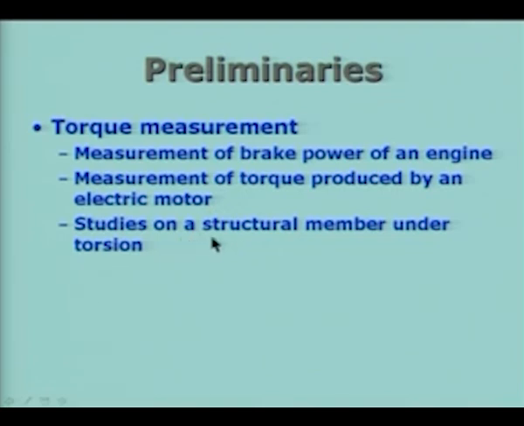There are also studies on a structural member which undergo torsion. So, torque measurement is required when you have a system where some structural member is undergoing torsion, like for example, a shaft of an engine itself. The shaft of an engine is going to be transmitting power, and during this process it is going to undergo torsion, and we would like to find out whether the torsional stresses set up in the shaft are below the allowable stresses for that material, or how to characterize that.